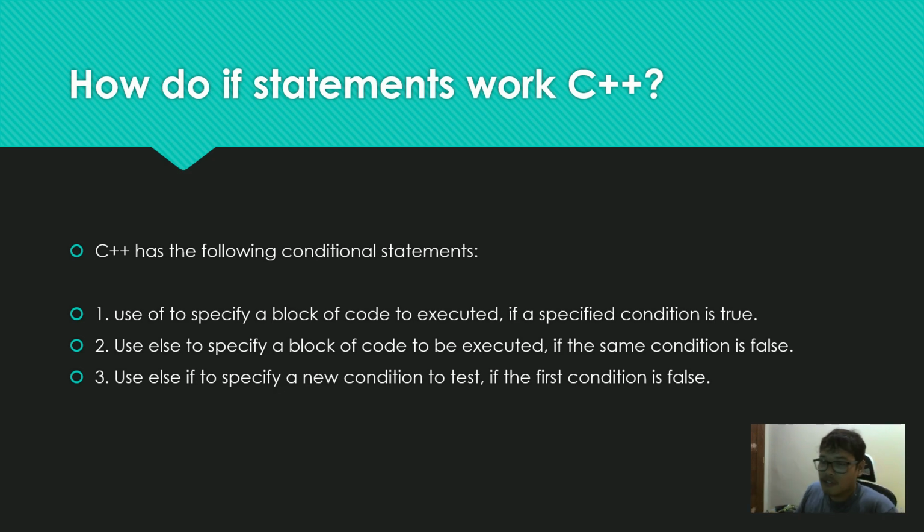First, use if to specify a block of code to be executed if the specified condition is true. Second, use else to specify a block of code to be executed if the same condition is false. And lastly, use else if to specify a new condition to test if the first condition is false.